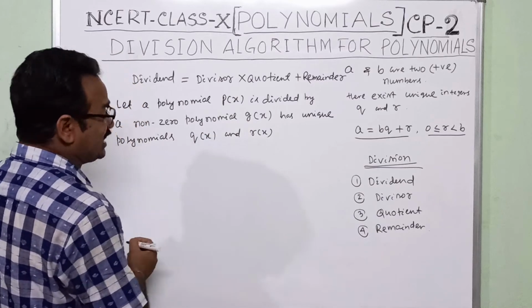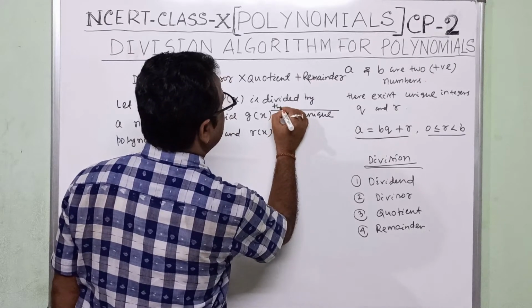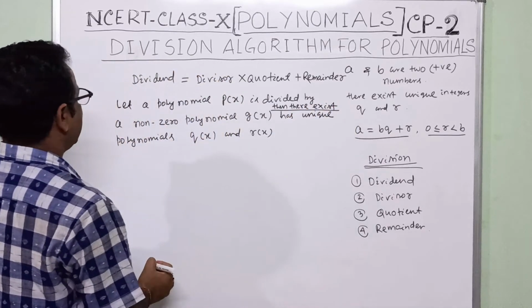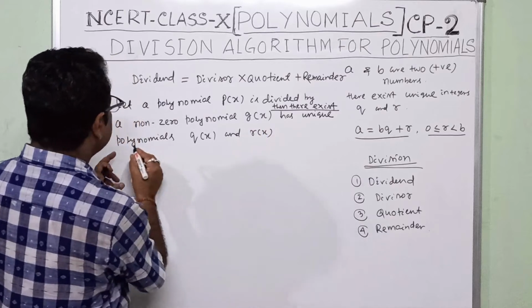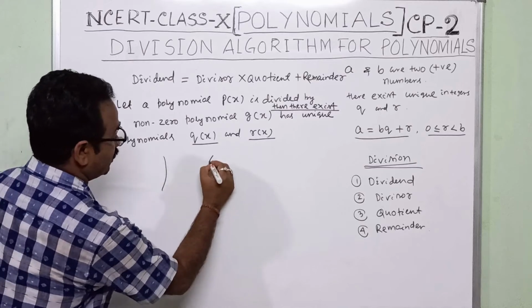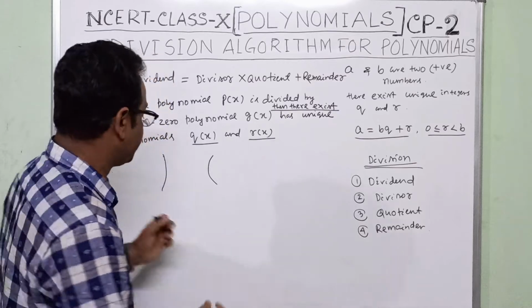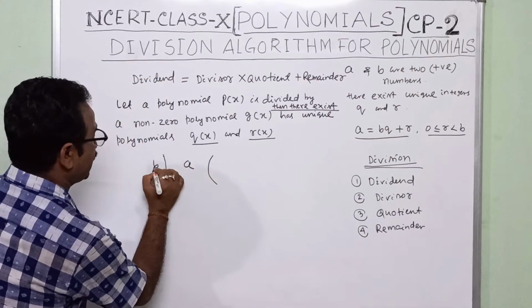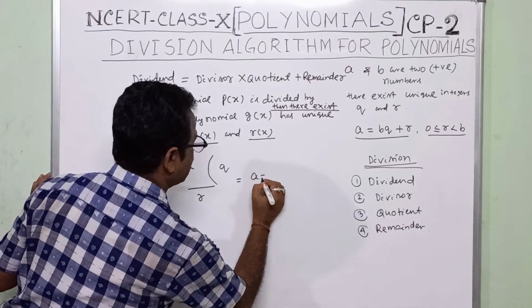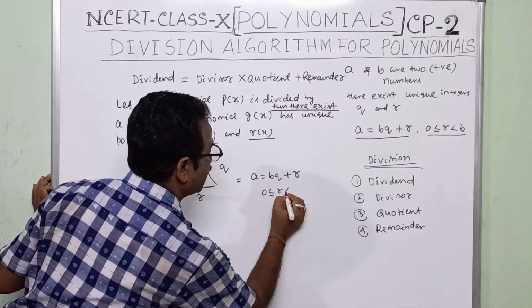According to Euclid's division algorithm, when we divide a by b, here is q, here is r, we write a is equal to bq plus r, and we write 0 less than or equal to r less than b.